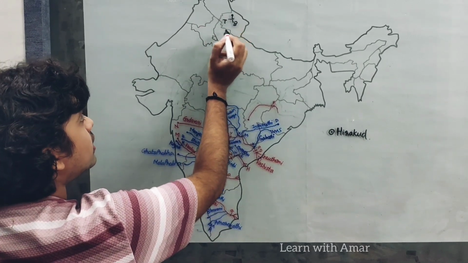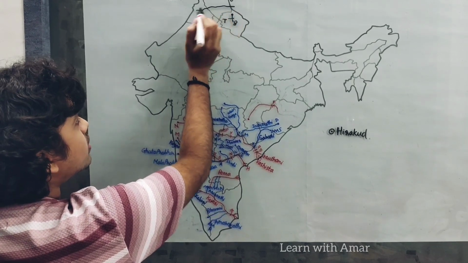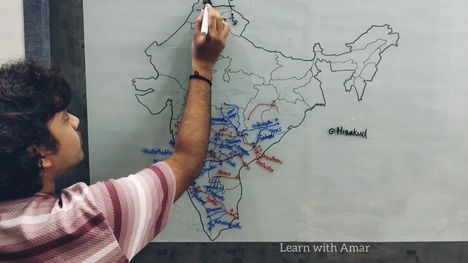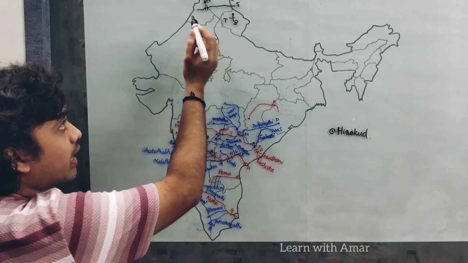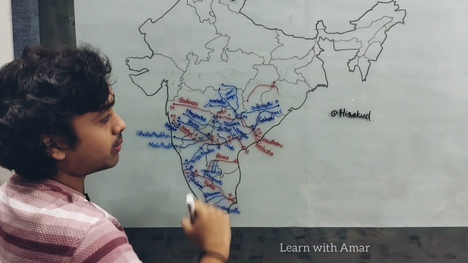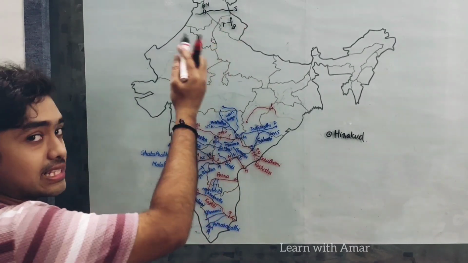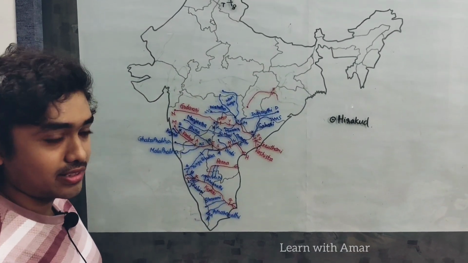We also find river Sutlej around this region, where we find the Bhakra Nangal Dam, which is the largest dam in India, and Hirakud is the longest dam in India. We have discussed these extensively in my previous video. You can check that in the description.